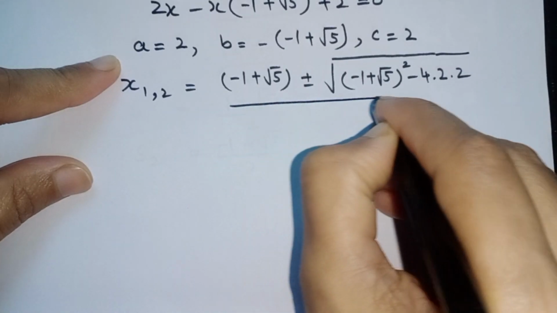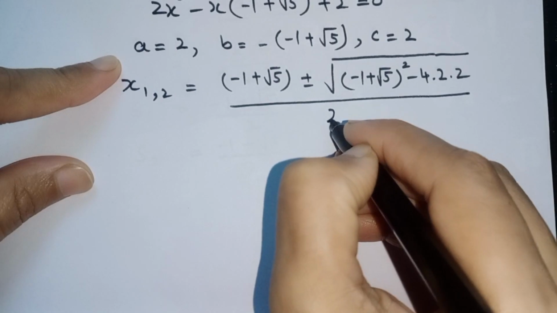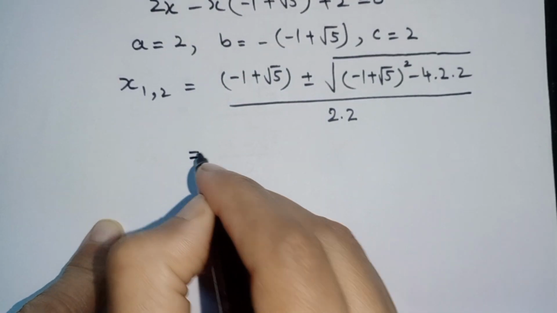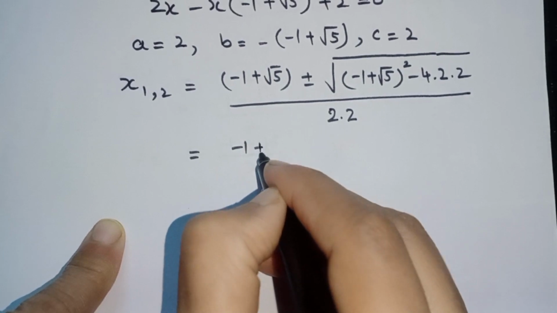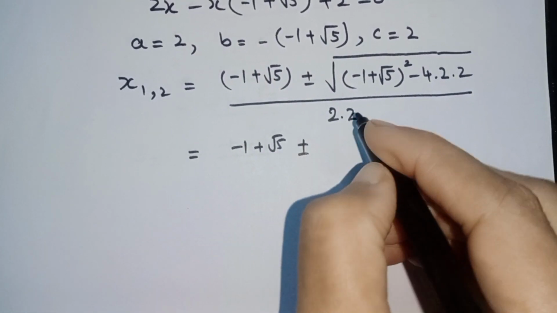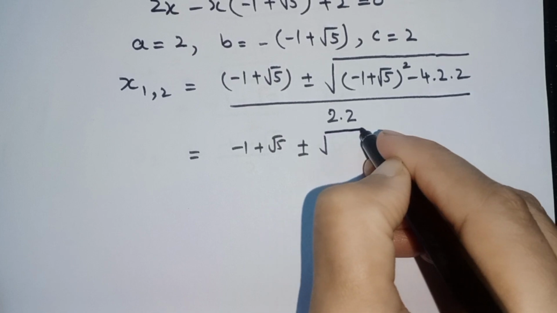So from here over 2 into a is 2. So from here we will get, now we do not need our parenthesis. We will write this expression without parenthesis, plus or minus.